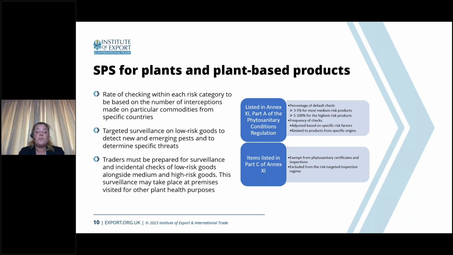Traders must prepare for surveillance and incidental checks of low risk goods. Just because it's low risk doesn't mean that it won't be targeted for inspection, and you shouldn't make that assumption. The surveillance may take place at premises visited other than the plant health, other than the actual border itself. So they may come and do inspections later on once those goods have actually landed. Next slide, please.